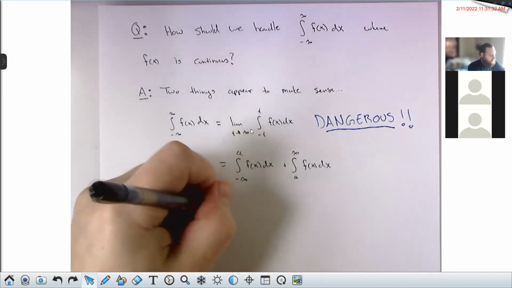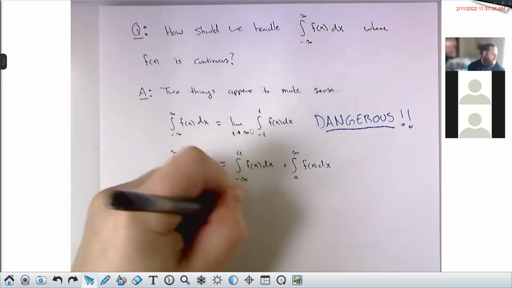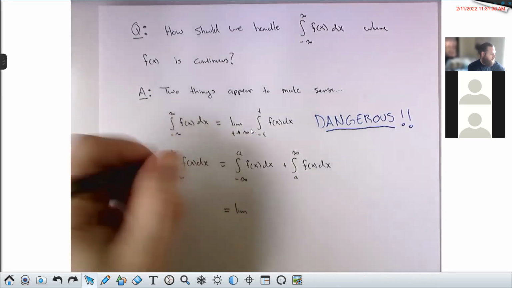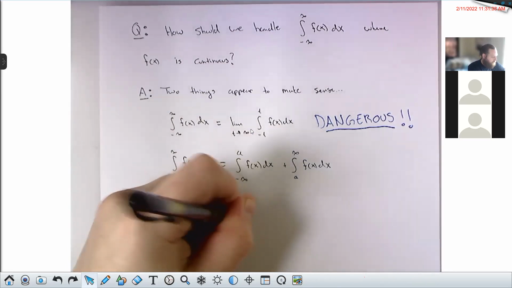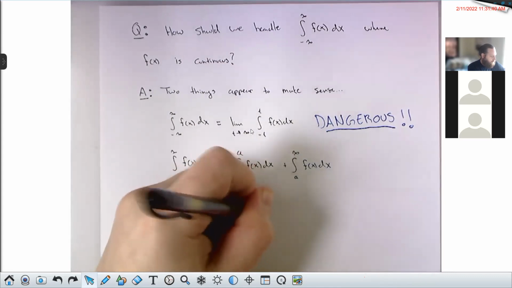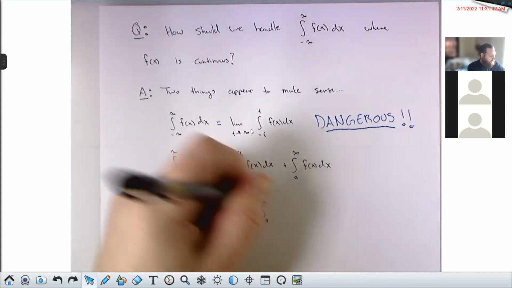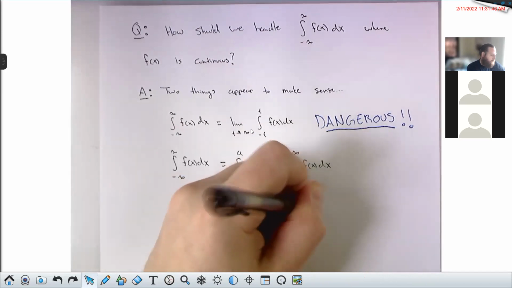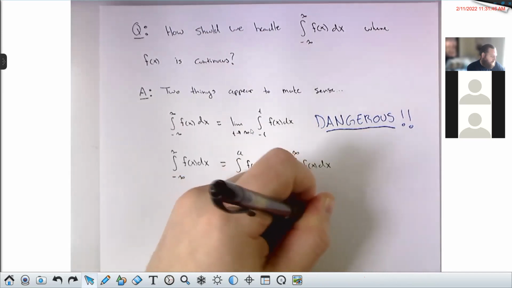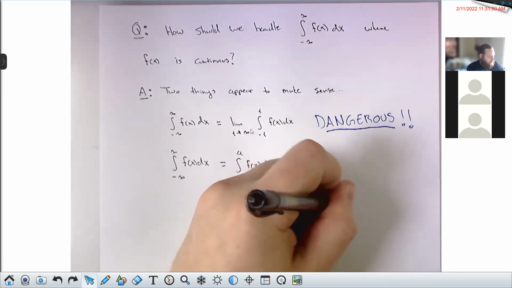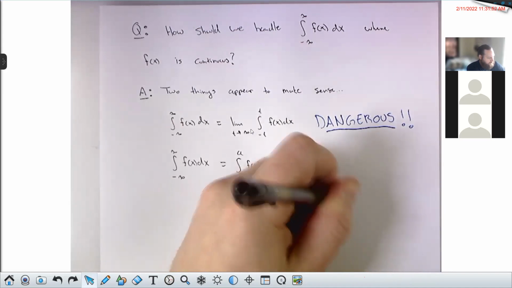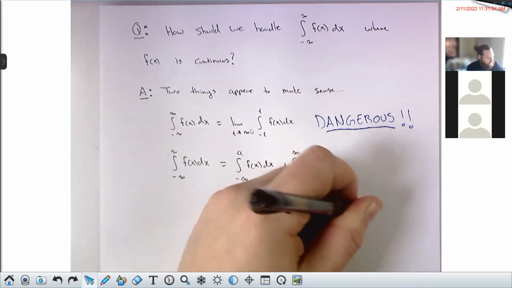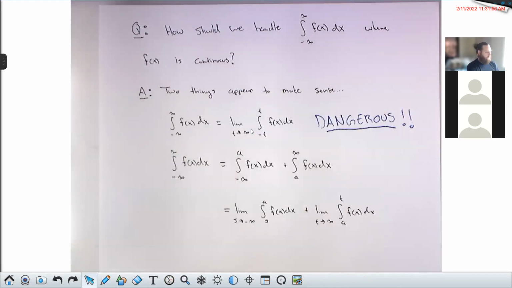Two different limits. So I could say the limit as s goes to negative infinity of the integral from s to a of f of x dx, plus the limit as t goes to positive infinity of the integral from a to t of f of x dx. This is the correct way.